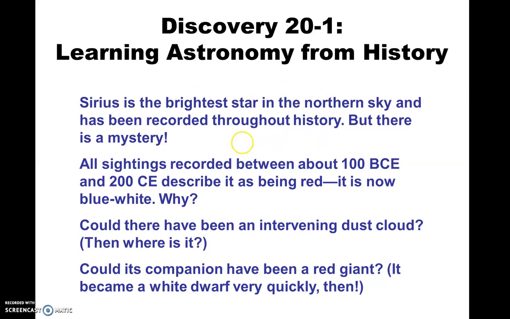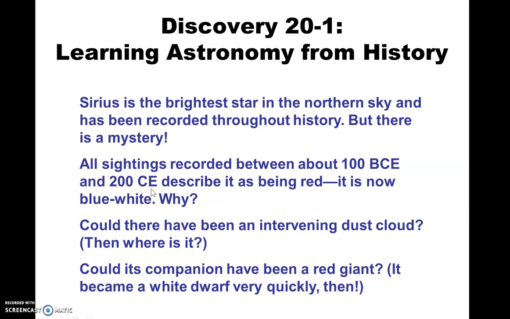Here's something from history. We have historical records going back over 2,000 years, between 100 BCE and 200 CE, which would be considered AD, but they like to use CE, the Common Era.